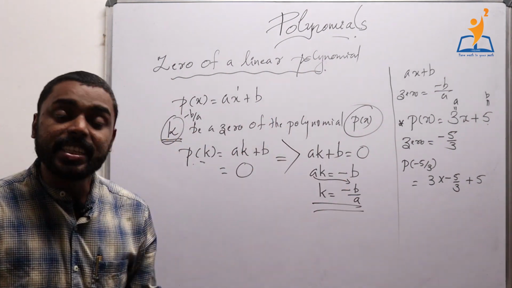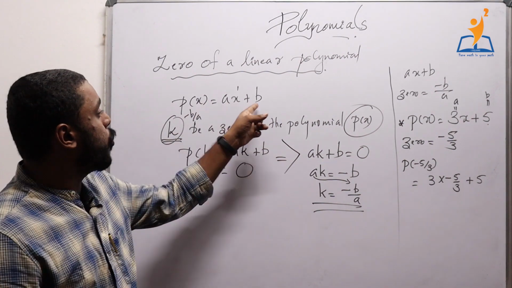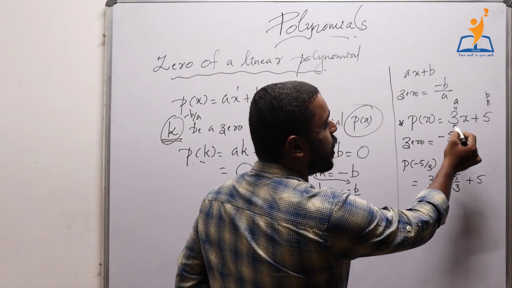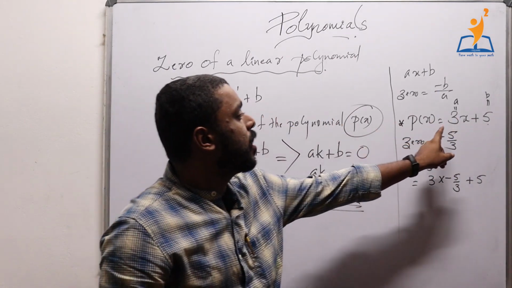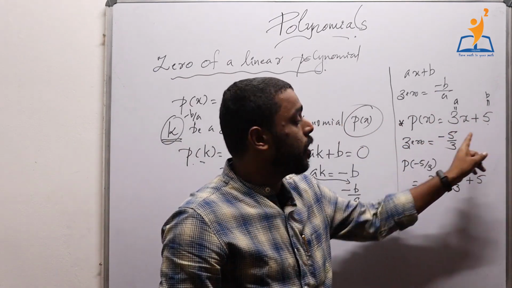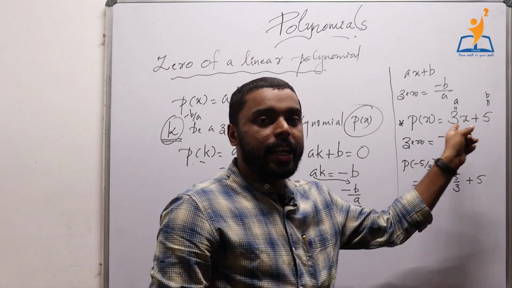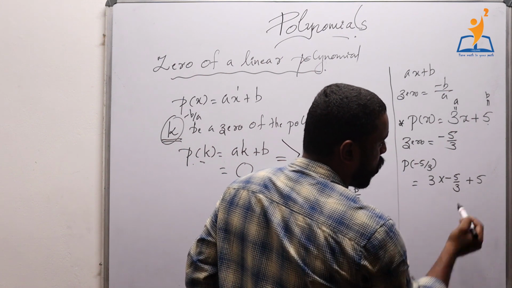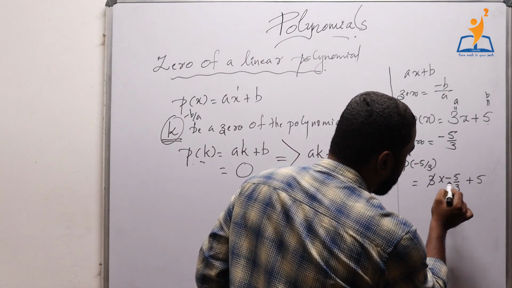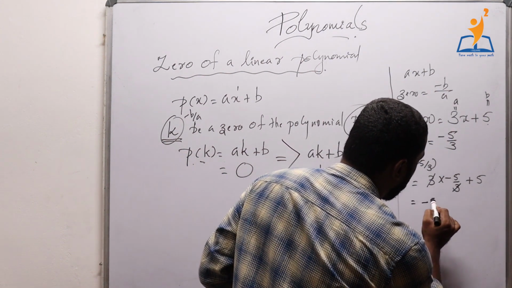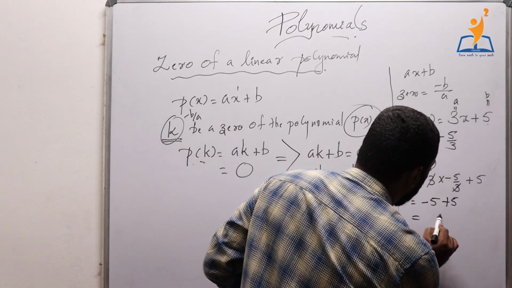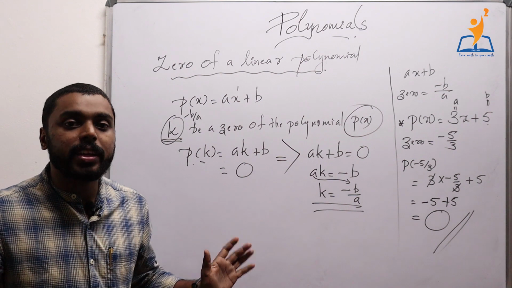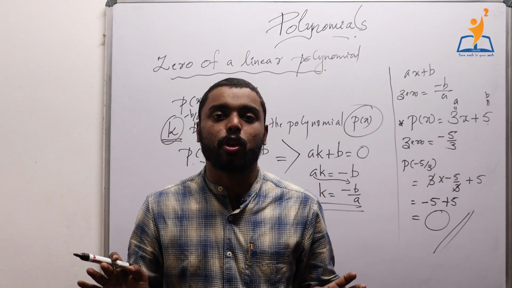Here our polynomial is in the form ax plus b, where a equals 3 and b equals 5. So the 0 will be minus 5 by 3. Now 3 and 3 can be cancelled, so it becomes minus 5 plus 5 equal to 0. See, now we can easily evaluate the 0 of any linear polynomial.